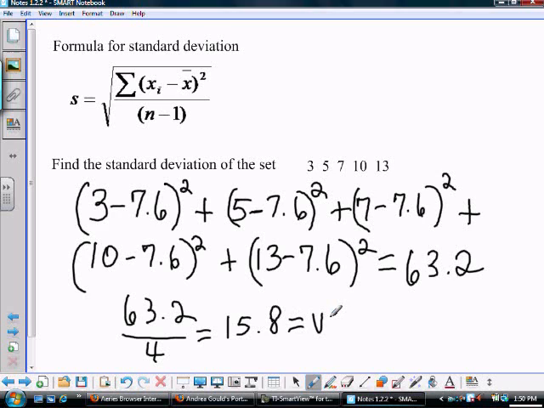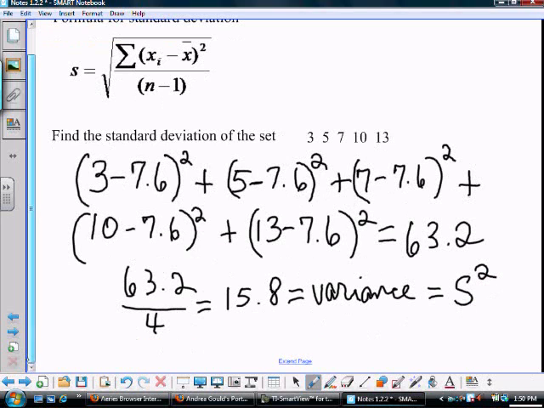This number has a special meaning. This number is called the variance, and it is abbreviated S squared. Okay? But I don't want the variance, I don't want S squared, I want that S there.